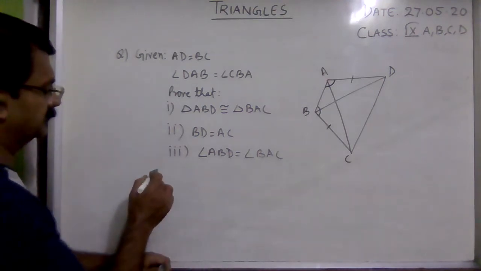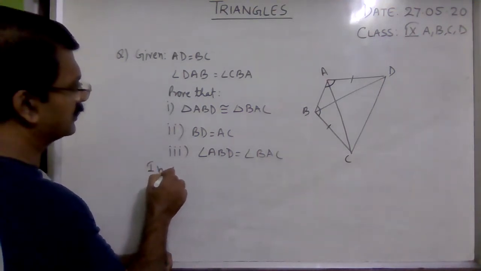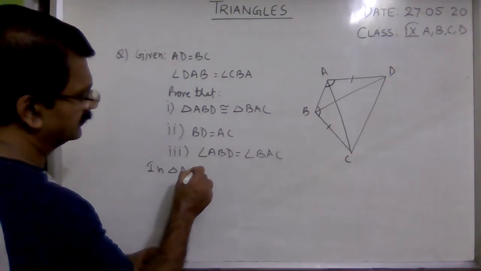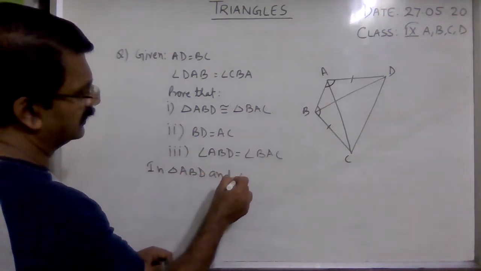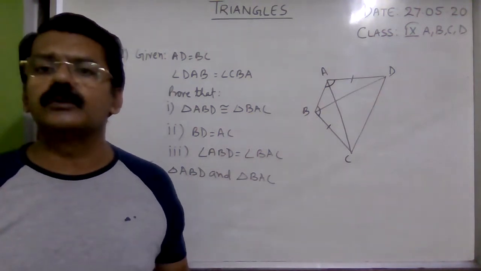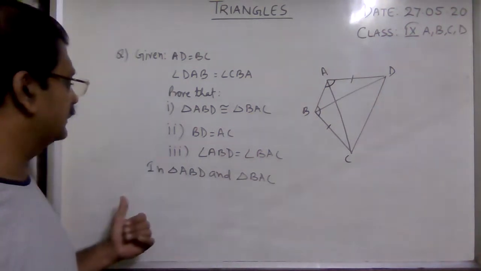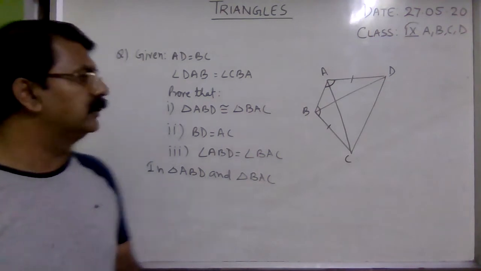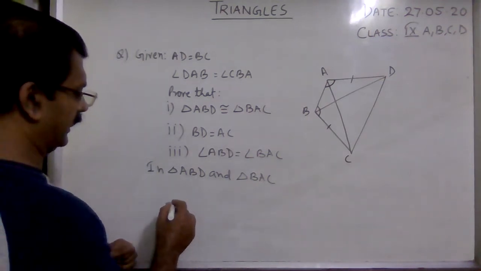So you see, in triangle ABD and triangle BAC, first of all, you make the two triangles separately. Triangle ABD and triangle BAC, you make the two triangles separately.